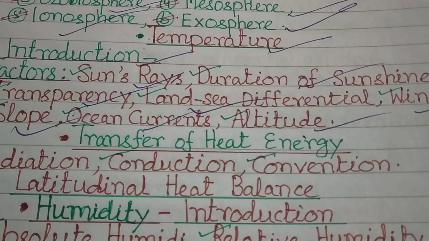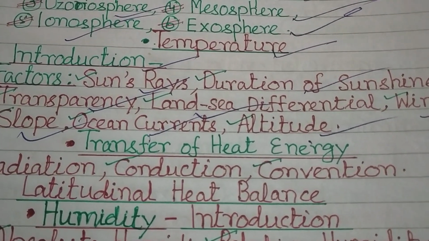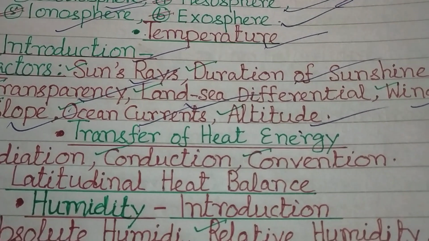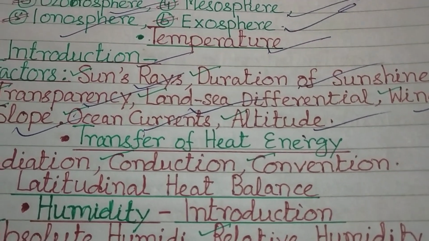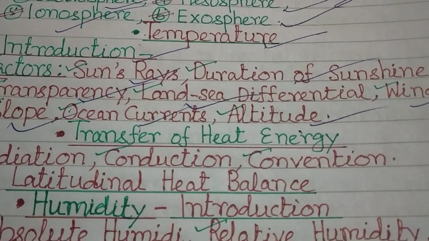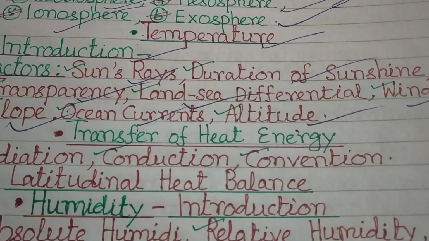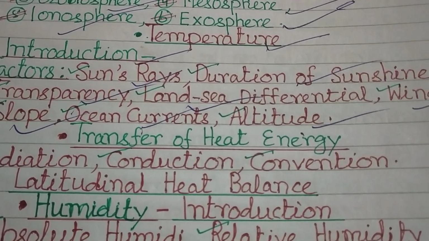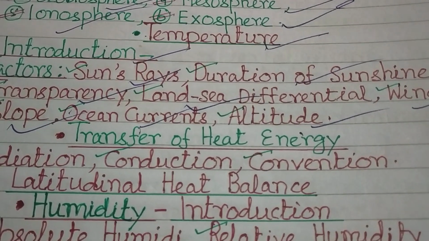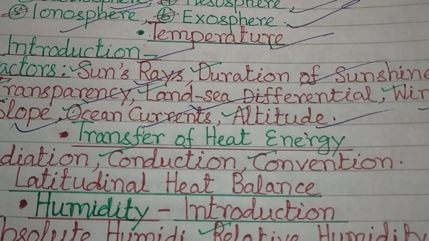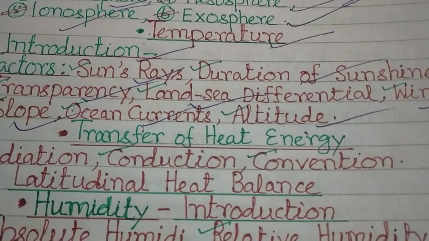The amount of solar radiation received obviously depends on the length of time that the sun shines over a particular place. At the equator, where the duration of sunshine is 12 hours daily throughout the year, the amount of radiation received is more compared to the other places on the earth.